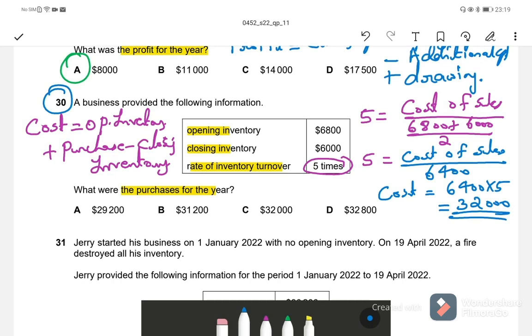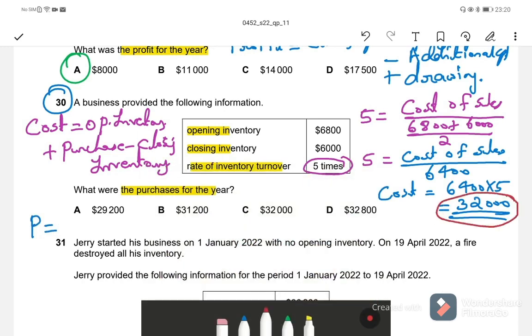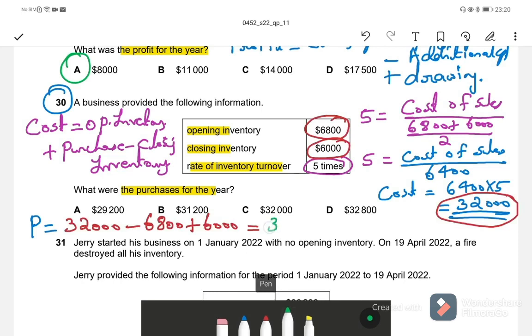So purchase is equal to 32,000 minus 6,800 plus 6,000, which is 31,200. So the correct answer is option B.